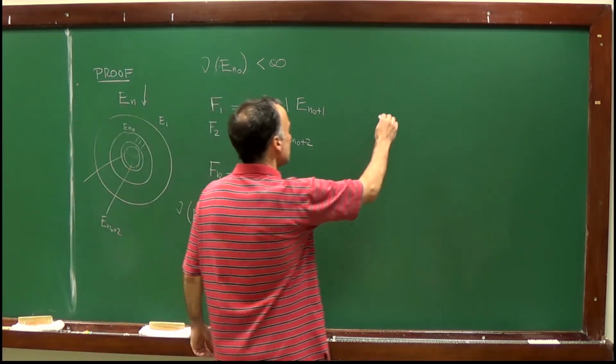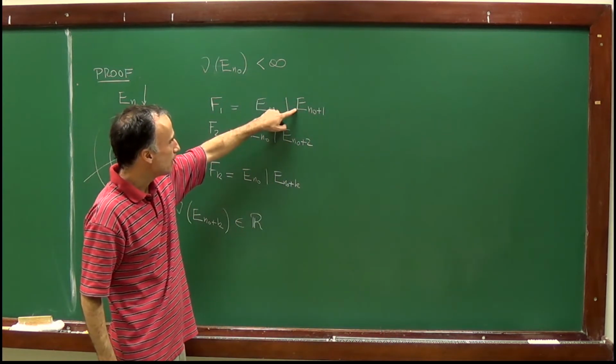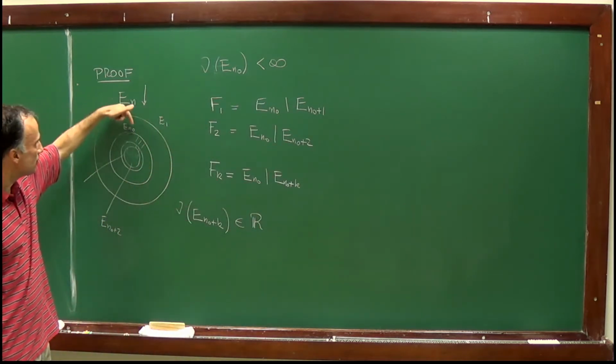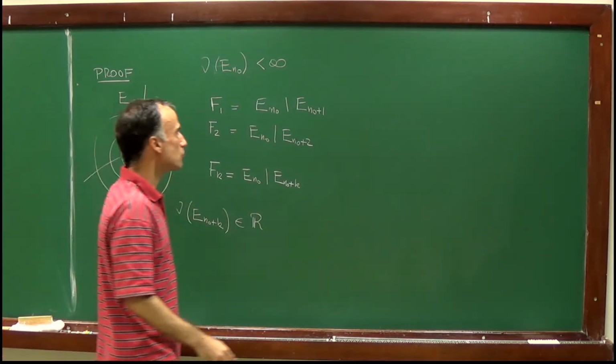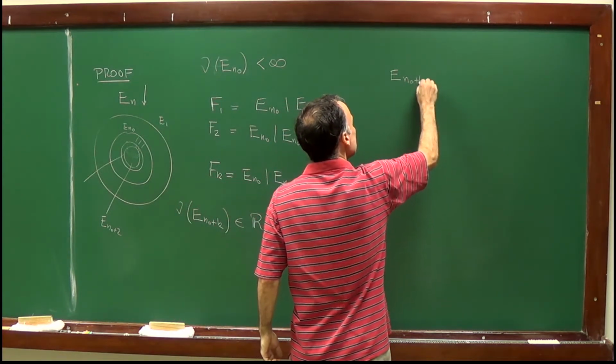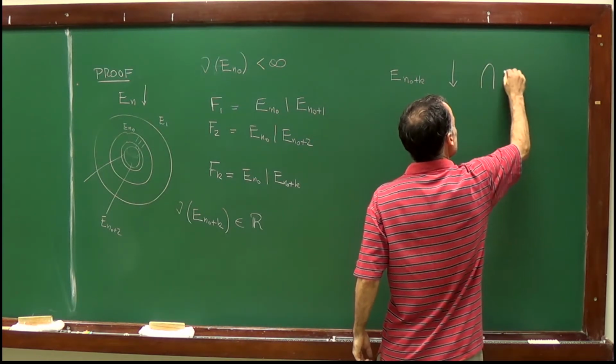So my first claim is that the sequence En0 plus k is decreasing to the intersection of Ej.